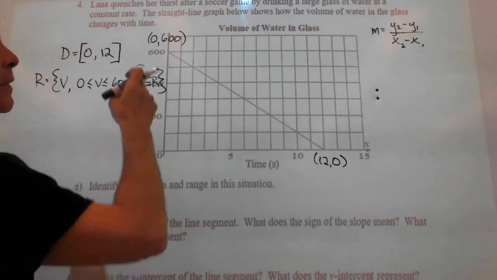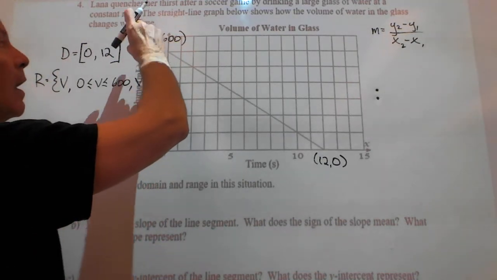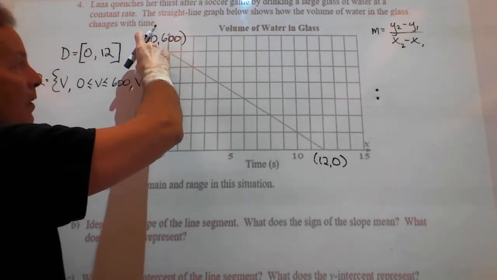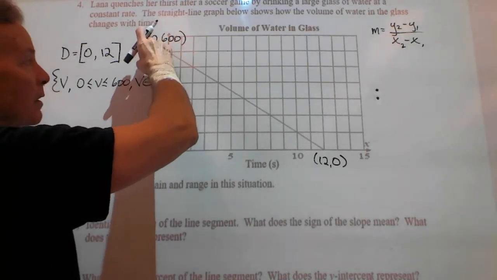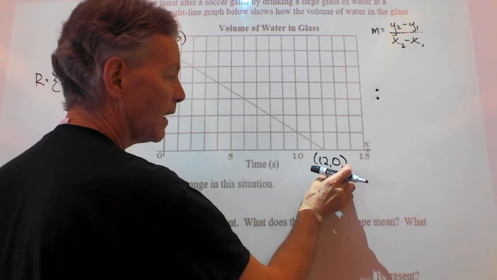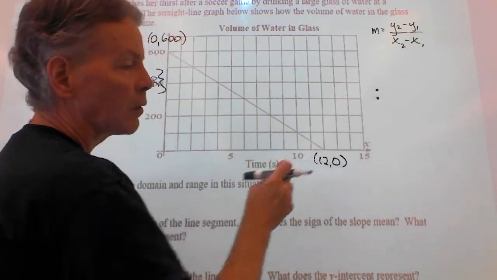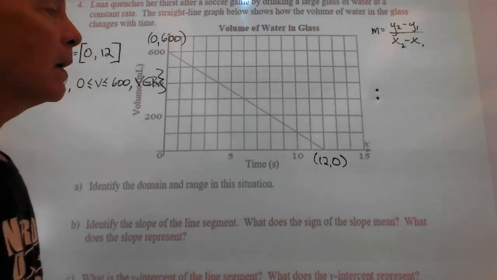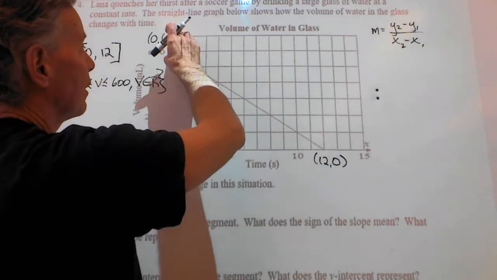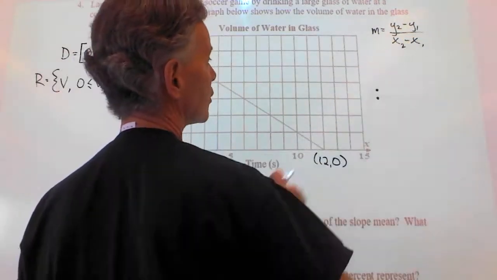Again, notice that at the intercepts, the value of the other variable, so for the y-intercept, it's the x-coordinate, is 0. For the x-intercept, it's the y-coordinate that's 0. We talked about that a couple of days ago. Okay? Now, given that we have a couple of zeros, it makes our subtraction a lot easier.